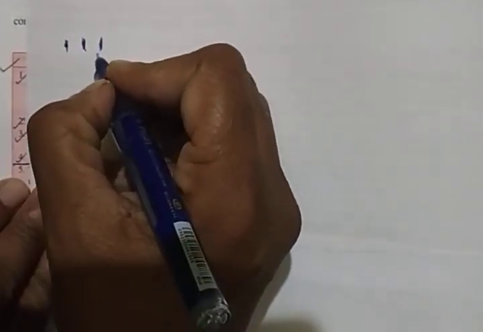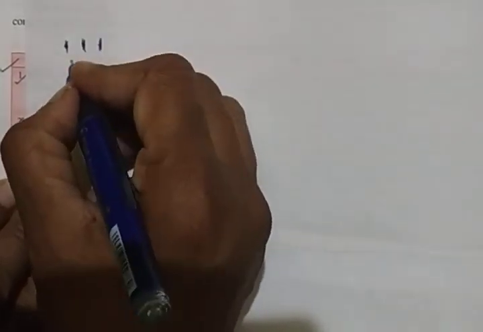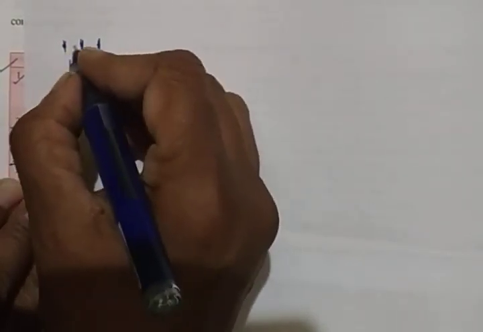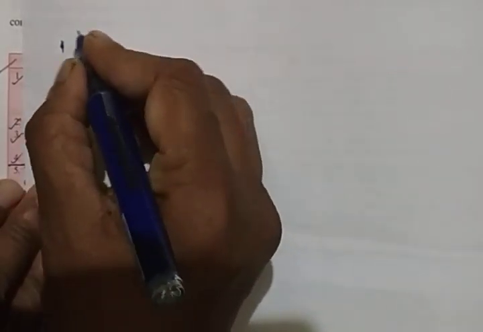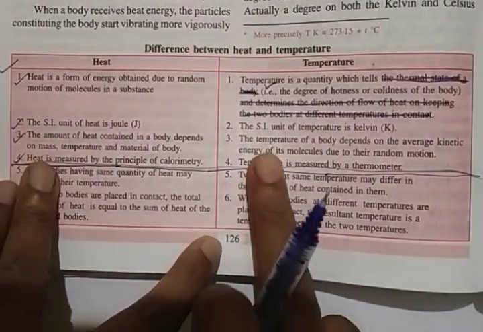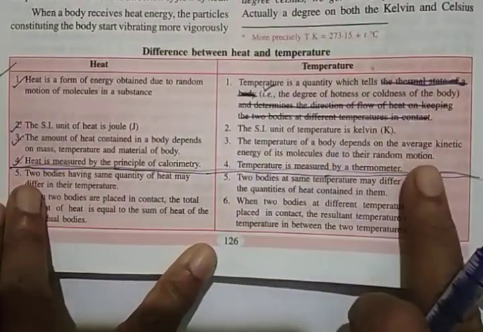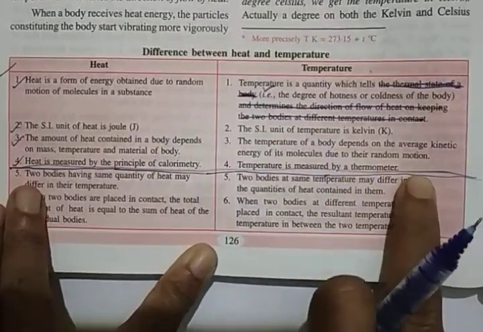Even though it is a solid, these molecules will be in a state of vibration. The energy possessed due to motion is kinetic energy, so all the molecules have kinetic energy. If you take the average of the kinetic energy of all the molecules, that is the measure of temperature. That is what is given here.